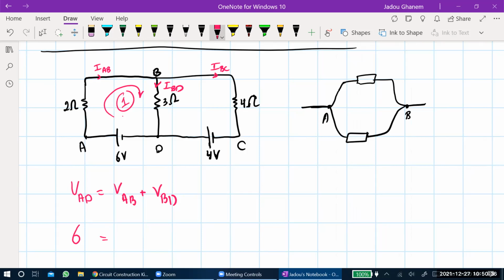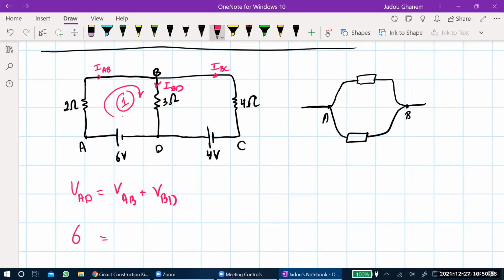We don't have the current, so let's write it as an expression. V is equal to I times R. Great.